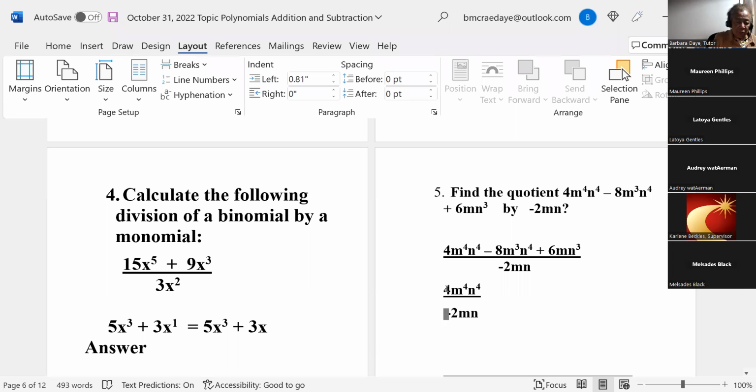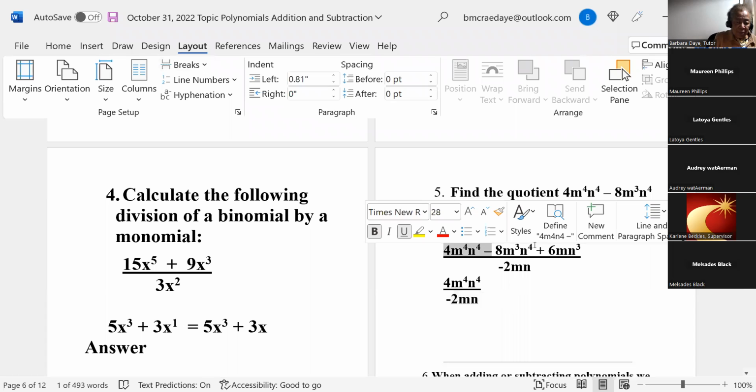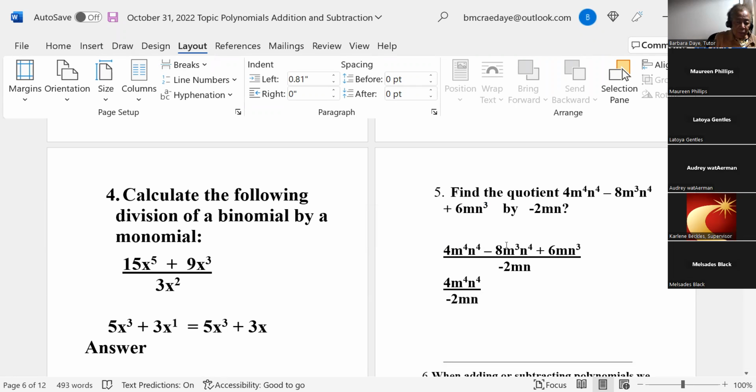So you've got this one. Let me make this a little closer here. Okay. And you're going to do the same for the minus. Don't forget your sign. Take this one. Okay, this term.